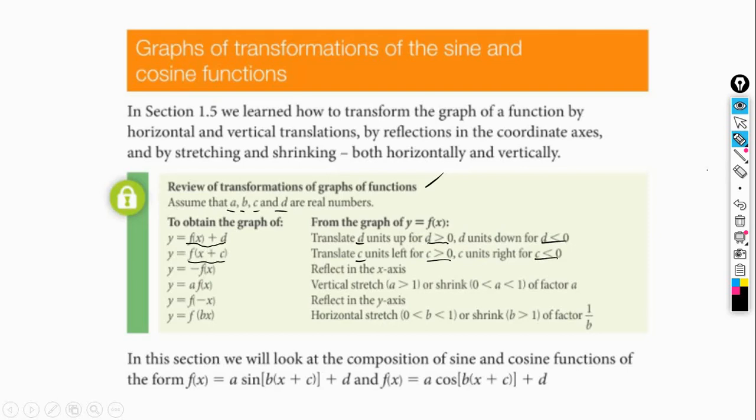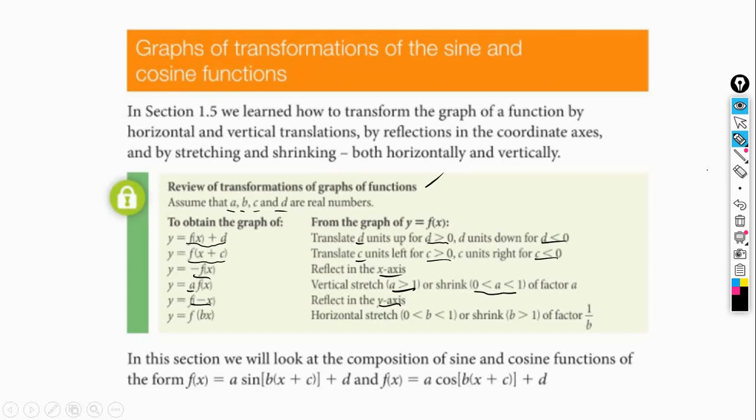If we have y equals minus f of x, this is a reflection across the x-axis. If we have y equals a times f of x, this is a vertical stretch if a is greater than 1, or a shrink if a is a value between 0 and 1. Y is equal to f of minus x. This is a reflection across the y-axis.